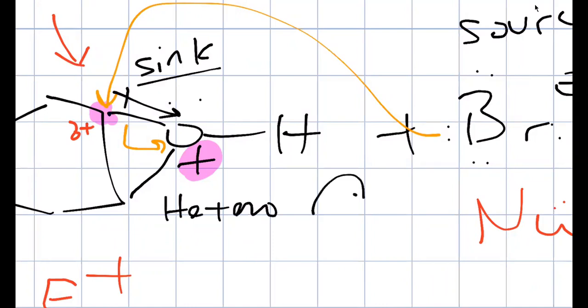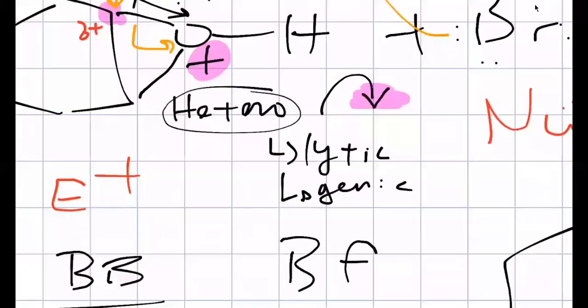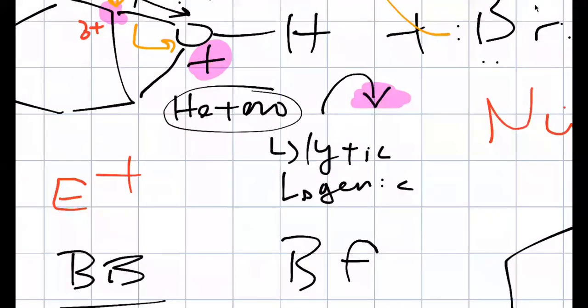Anytime you use a double-headed arrow, it's going to be hetero, either heterolytic or heterogenic, depending on what you're doing. If you're making bonds, it's genic. If you're breaking bonds, it's lytic. So anytime you see a double-headed arrow, it's hetero. If you see a single-headed arrow, it's homo. So this would be homolytic or homogenic. Any questions about that?